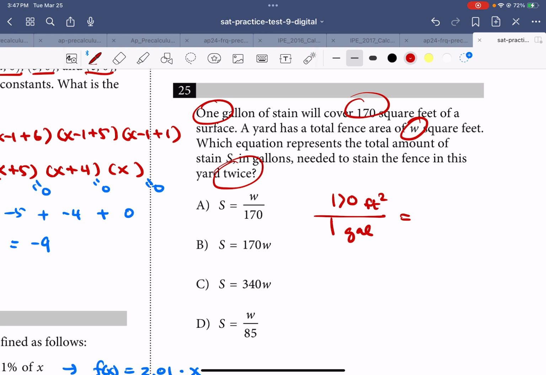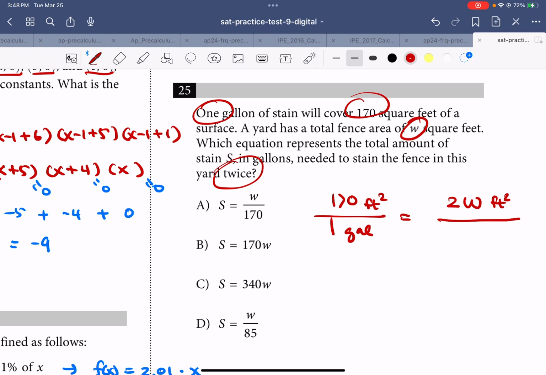And a yard, that's the goal. You need to put the stain on the yard. Then the total fence area is W square feet, but twice. So the covered area is actually 2W square feet, because you're going to put stain twice.